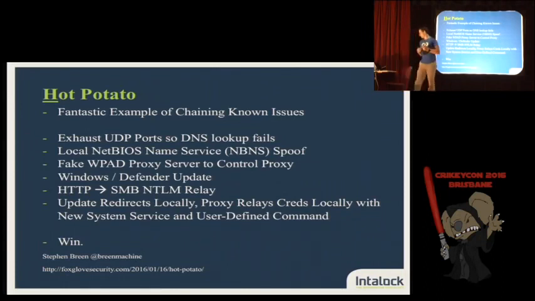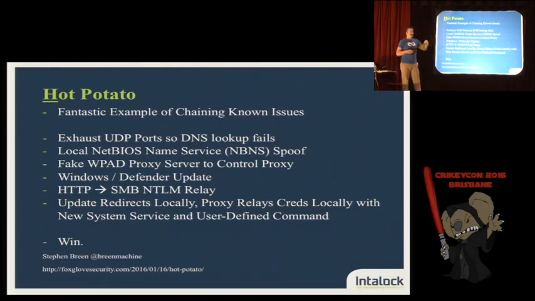But fundamentally, firstly, Windows does a DNS check via the hosts file, then it goes out to a DNS server, if it's configured, and it might do an NBNS broadcast locally. Stephen wanted to make a DNS lookup fail so he could point something locally.